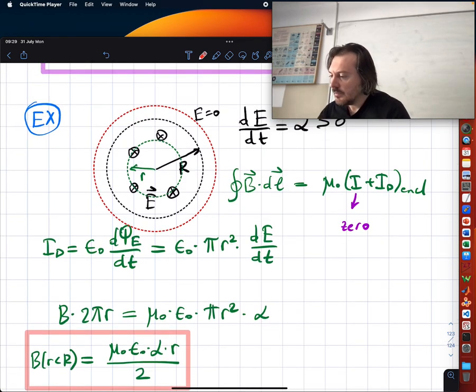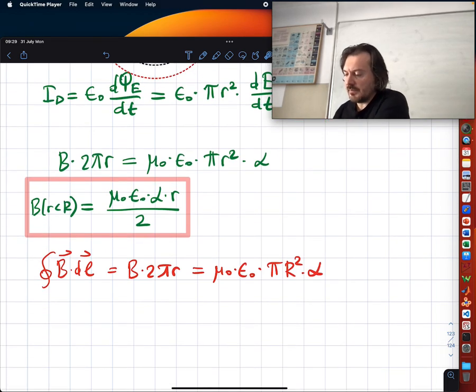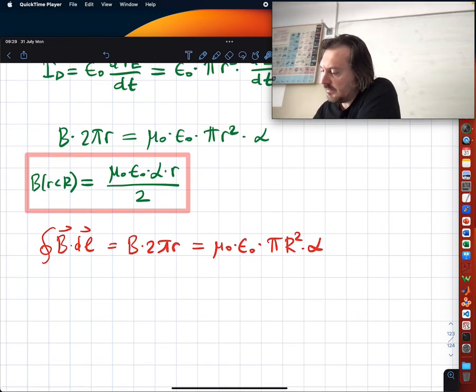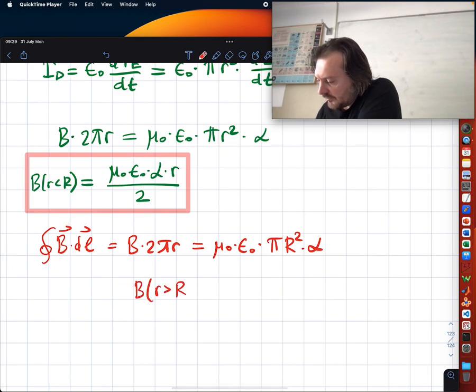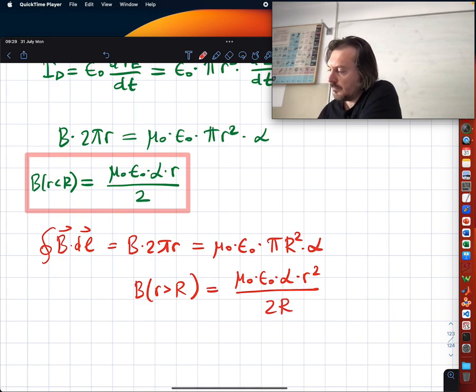So the electric flux is applied only to this area, not the whole area. There is a slight difference in magnetic field outside. Outside this region, the magnetic field will be mu 0 epsilon 0 alpha big R squared over 2r.